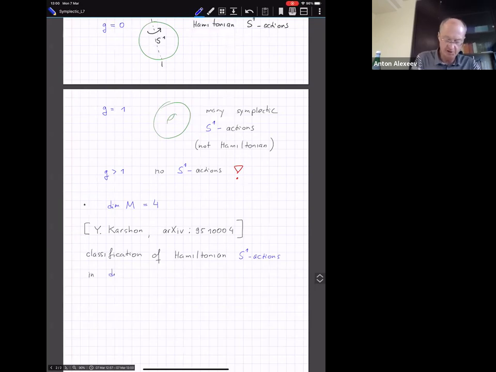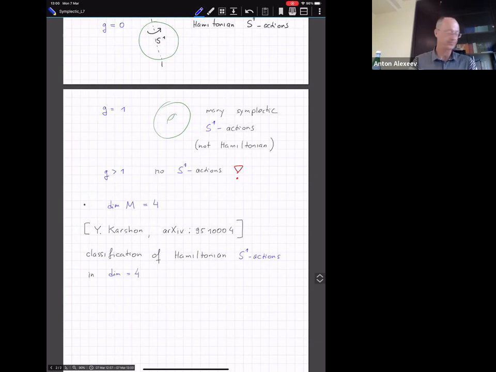Well, classification, I think she knows how to construct all of them, but she doesn't quite know which ones are the same. I mean, there are some results in that direction, but I think they are not complete.